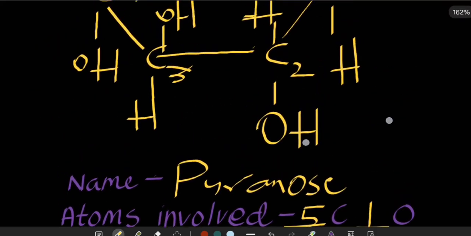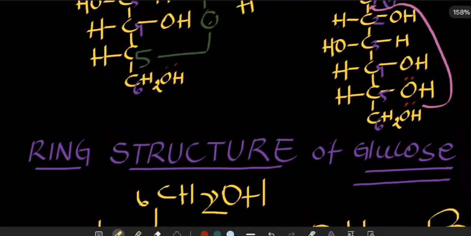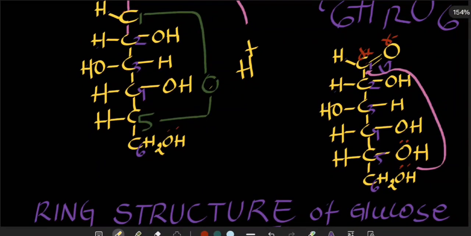Now, why did I take this particular fifth carbon? Why did I take this carbon? The thing is actually related to chirality. So if we count the chiral carbons, how many chiral carbons are present out here?